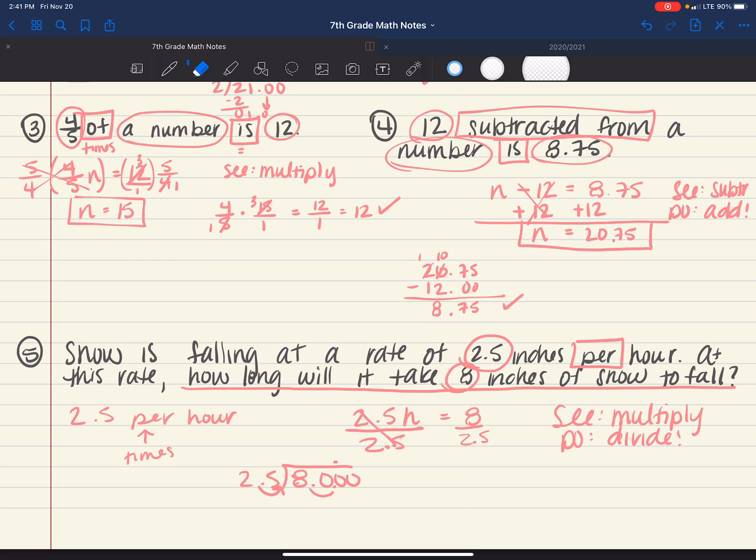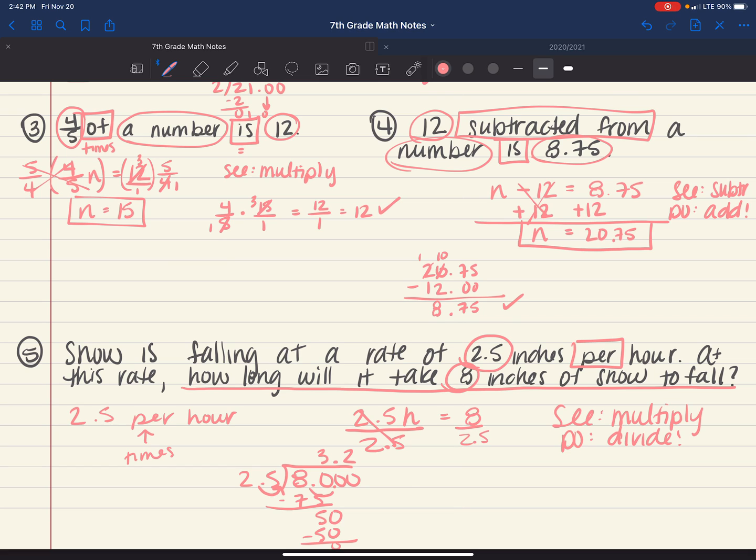Now how many quarters will fit into 80? Well, off the top of my head, I know it's 3, because 3 quarters is 75. Bring down that 0. How many quarters are in 50? Well, 2. Then 2 times 25 is 50, and now we're done.